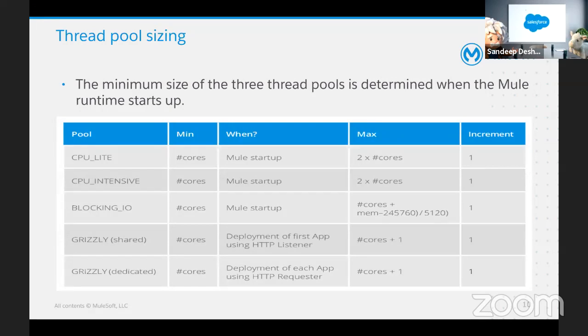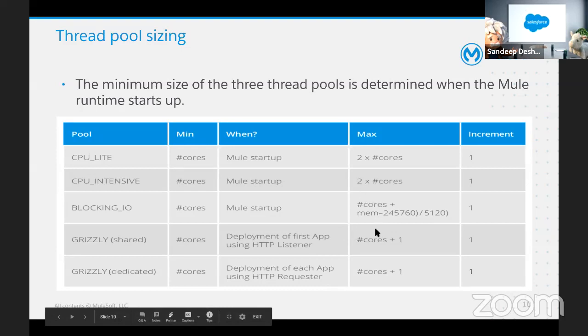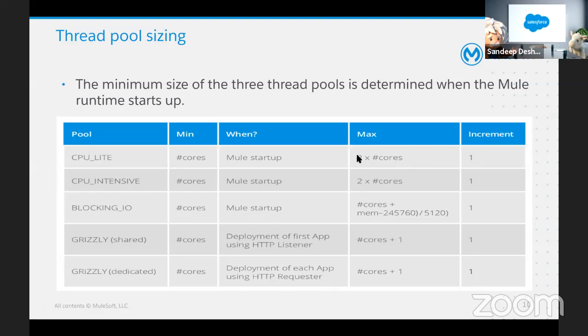Next, I just wanted to give you an idea of the formulas for how the CPU light threads, CPU intensive threads, and blocking IO threads are calculated. If you have a one core machine, then the number of CPU light threads is 2. So 2 into 1 is 2, right? Similarly, we have CPU intensive threads. The same formula goes for CPU intensive, and then we have blocking IO.